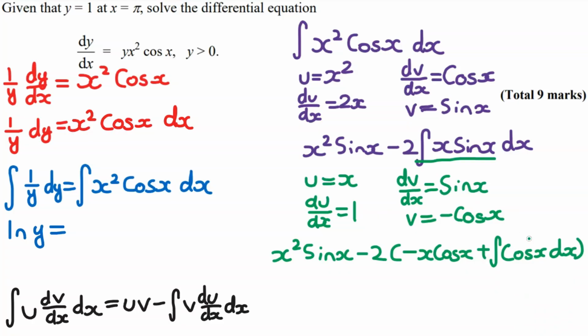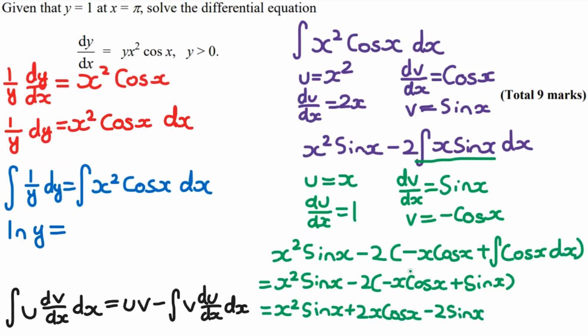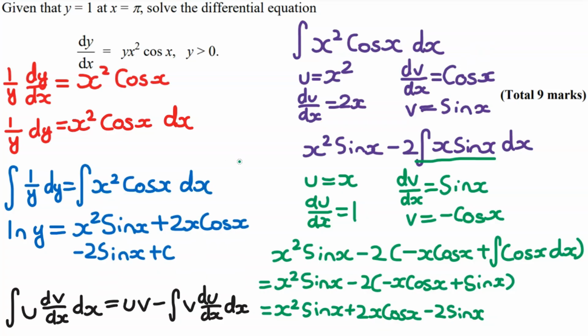And then we can simplify this because the integral of cos x is sin x, and then we can expand this bracket here, so this minus 2 multiplies this minus x cos x to leave us with plus 2x cos x, and then this minus 2 multiplies this sin x to leave us with minus 2 sin x, and this here is the answer to this integral here. So therefore on this side of the equation, it's going to be these terms added together. So it's going to be x squared sin x plus 2x cos x minus 2 sin x, and then remember the plus c on the end.